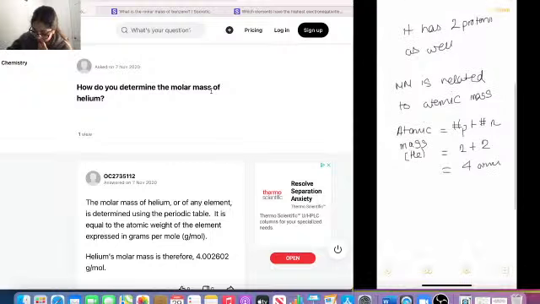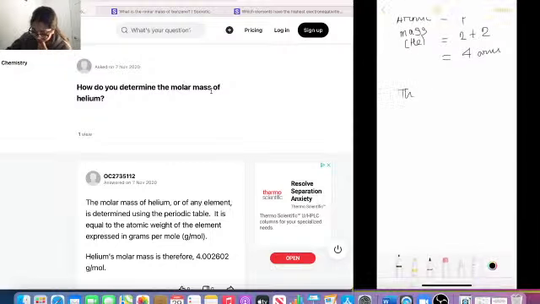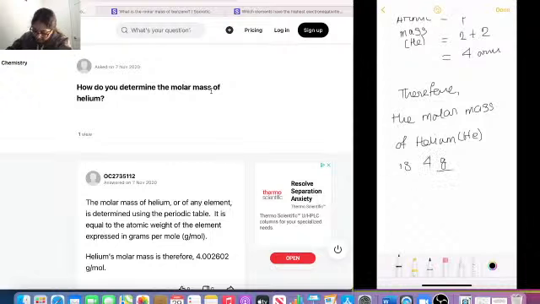Therefore, the molar mass of helium, which is also He, is 4, or you can say 4.00 grams per mole.